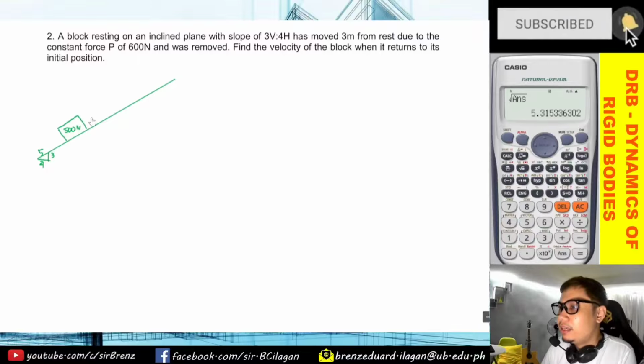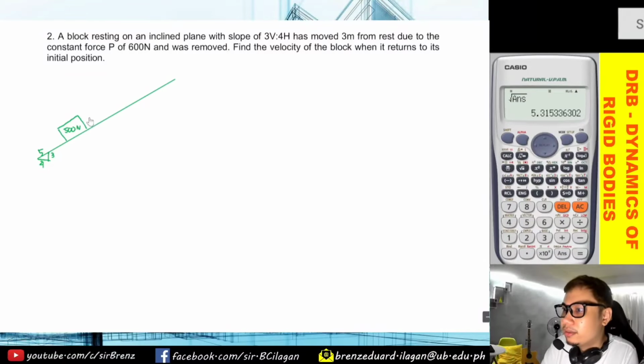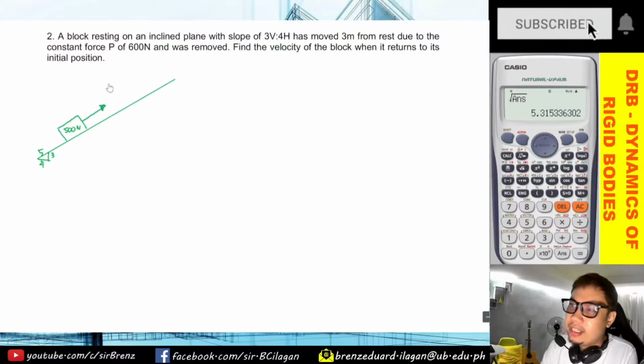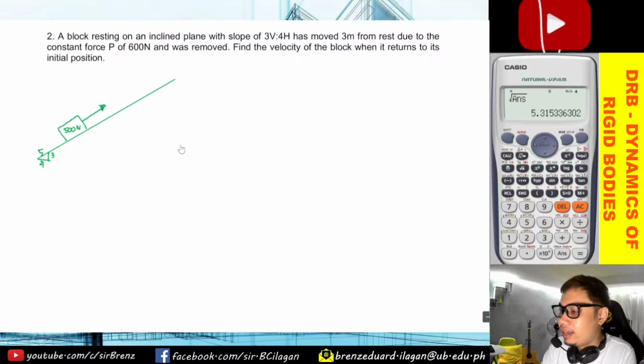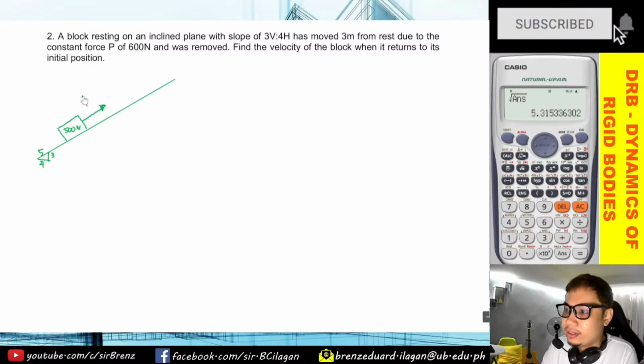A block resting on an inclined plane with a slope has moved 3 meters from rest. Okay, so yung force P dito, ayan. So, wala naman sinabi na naka-inclined siya or kumbaga pa ganito yung kanyang direction. So, wala namang angle na binigay. So, I assume na acting along the parallel. So, meron nga daw ditong P which is 600 Newton.